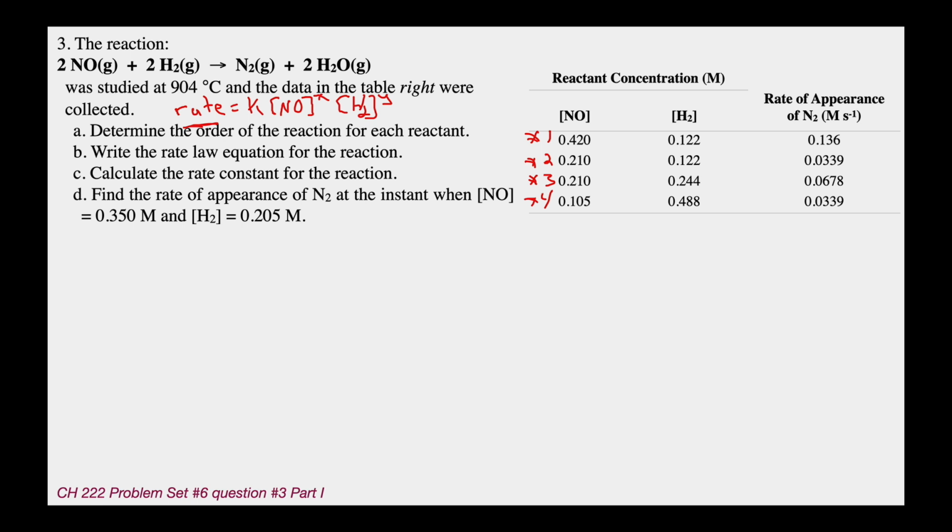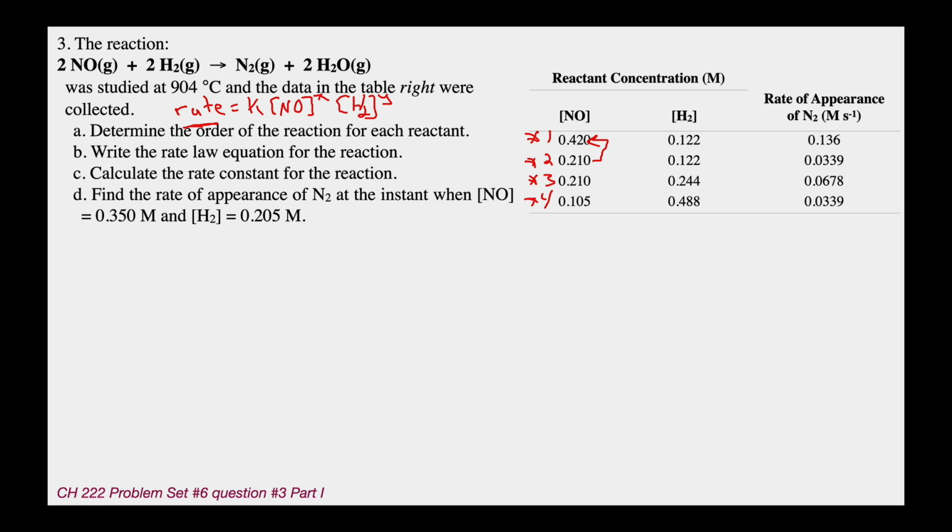And we're trying to find out how changing NO affects the reaction. And so what you can do is look for a set of experiments where one reactant changes, but the other one doesn't. As an example of this, notice that in number 2 and number 1, the NO, if you go from 1 to 2, is doubled. 0.210 times 2 is 0.420.